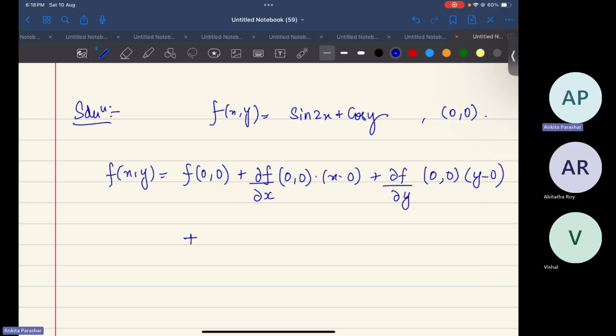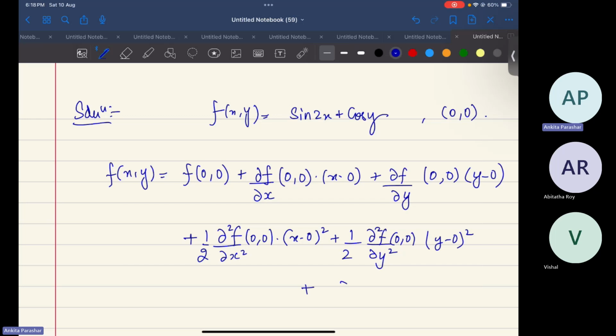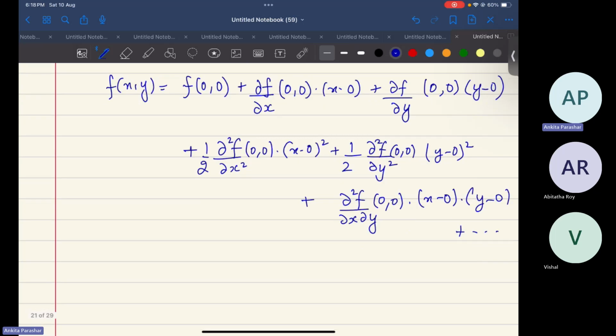I think in the remaining terms I just simply write. Yeah, I think this is okay.